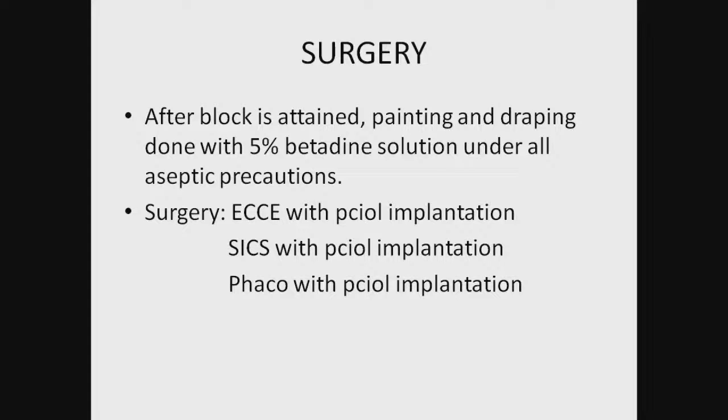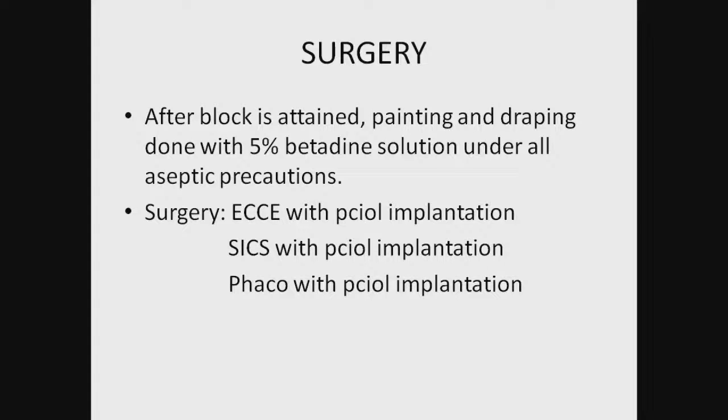So putting betadine eye drops before surgery is very helpful. Then painting and draping: first painting is done with 10% betadine, again for surface sterilization, and then drapes are put over the eye. The eye towel and all these are kept.